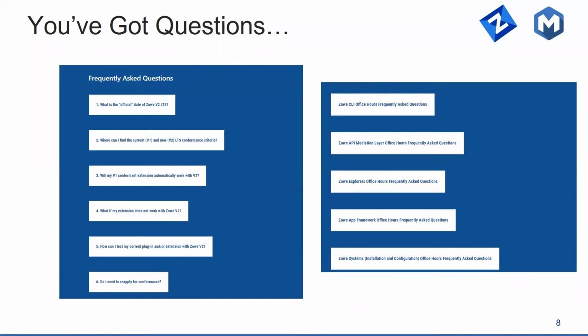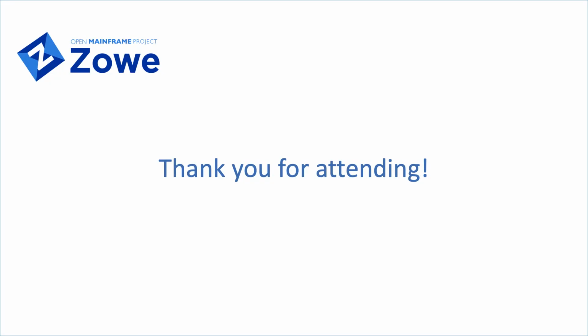And the reason why I wanted to bring this to your attention is because, again, it's just another way that you might be able to save yourself some time if you have an interest in a particular module or component of Zowe. You weren't able to make the office hours, or you were able to make the office hours, but you want to go back and revisit some of the questions and answers that were discussed during that call. A real fast and easy way to do that is to just simply click on one of these boxes and you'll see all of the questions with the associated answers listed there. Okay.